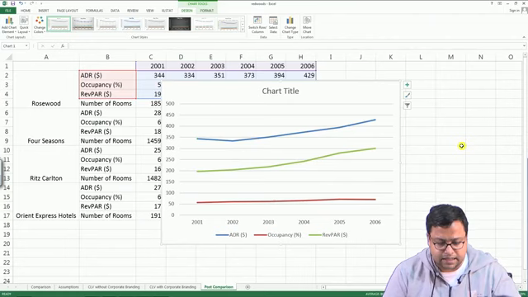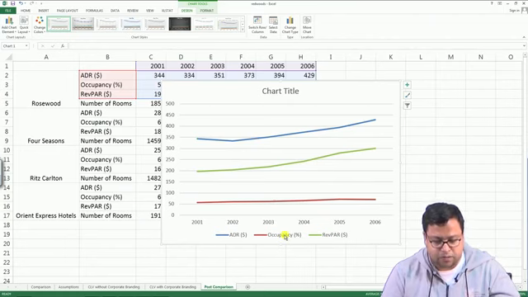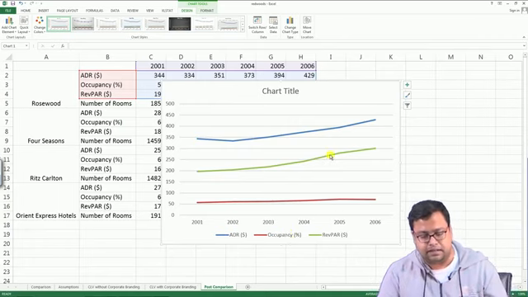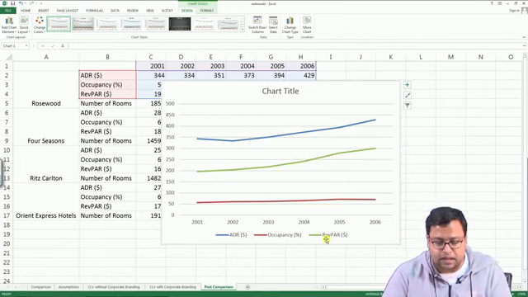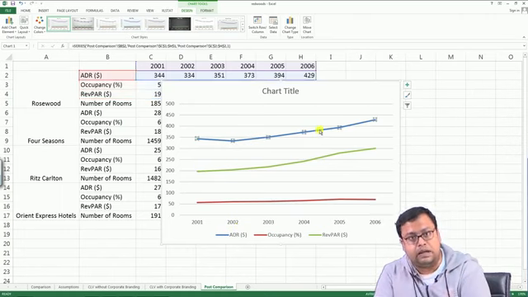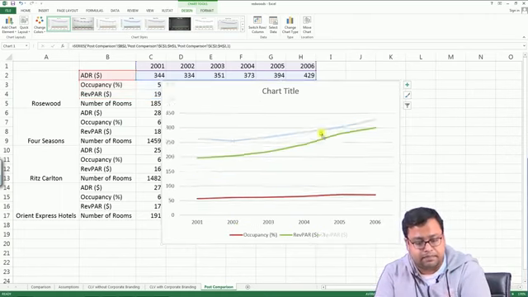Okay, now check that. The occupancy rate, which is the red, was more or less the same. If I just delete these two, you will understand that this is not exactly the same, but slowly the revenue per night has also gone up, and the ADR they could increase over time.